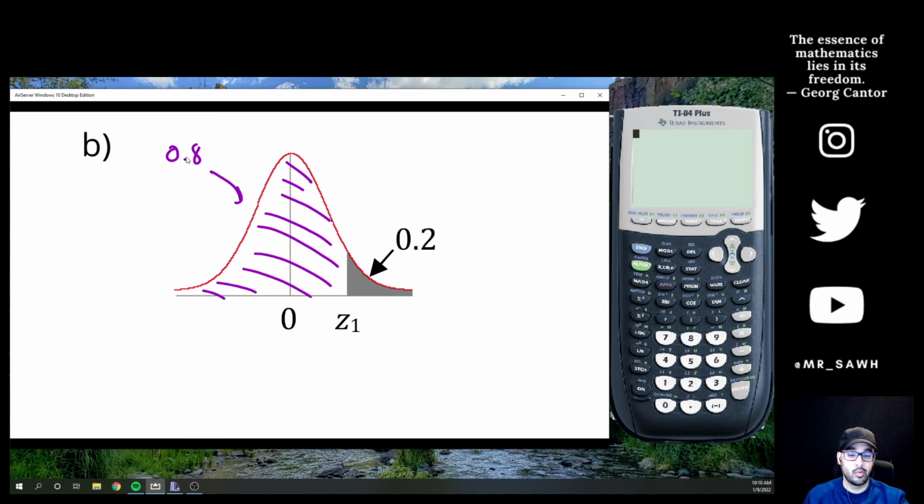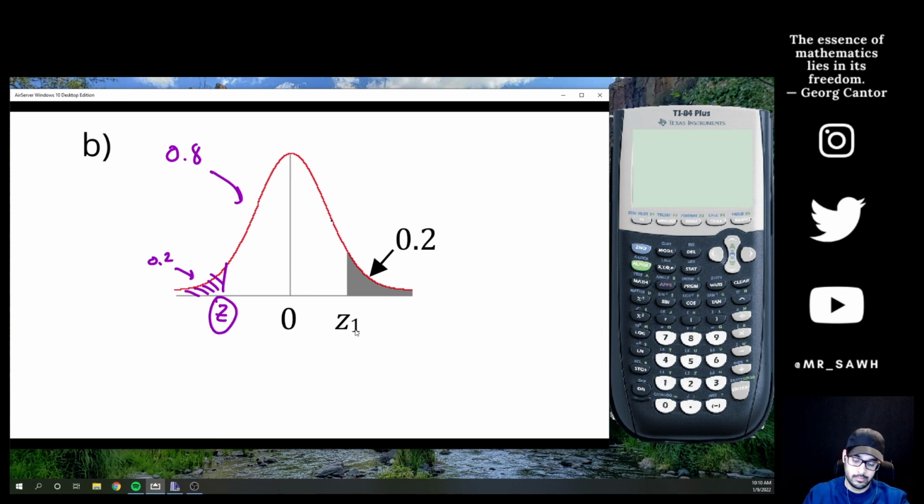So I have to use 0.8 to do this, not 0.2. If I did use 0.2, what I'm telling my calculator is that this part is 0.2, and it would give me actually this z-score on the left, not the one I'm actually looking for. Okay, so I gotta really, really be careful what area we're using. Always to the left of the boundary.